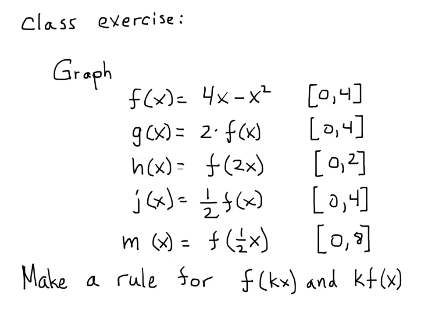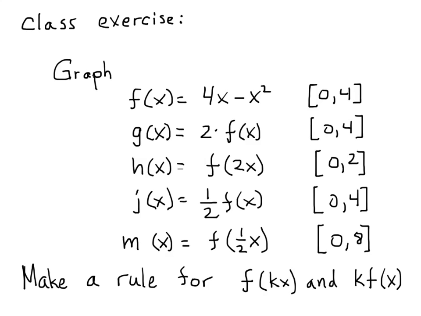And I'll give you a preview of what that looks like. It's going to look like this. Okay, so it's an upside down parabola, and it's going to have its maximum value at 2, and it's going to go back to 0 at 4.